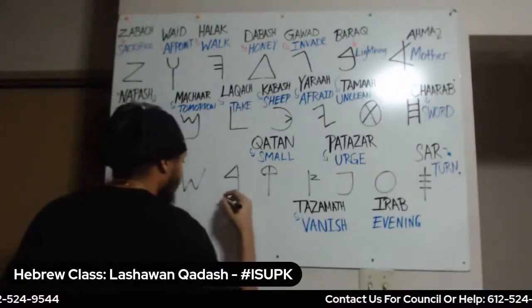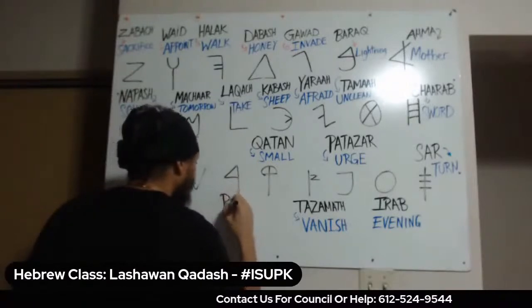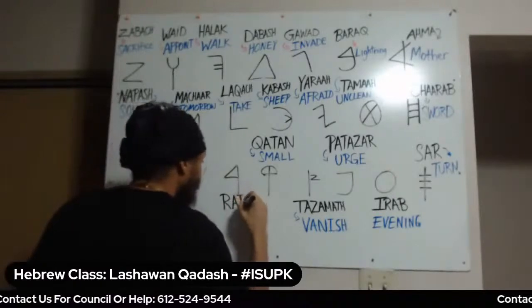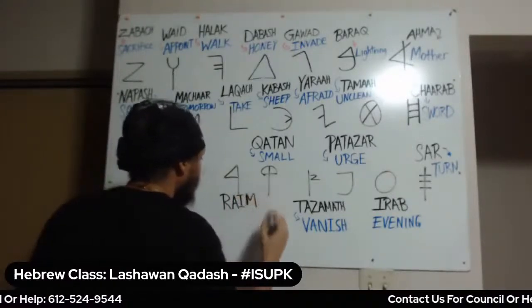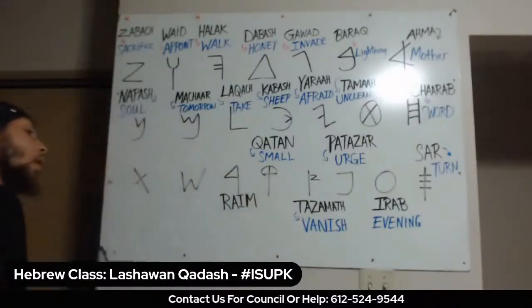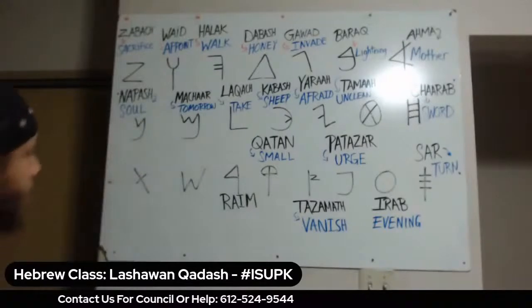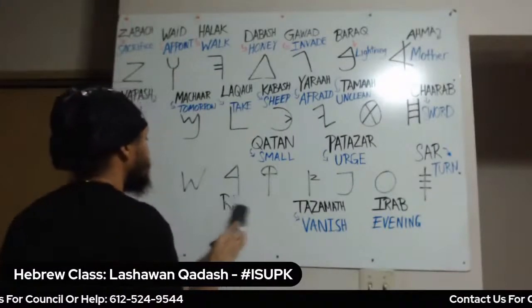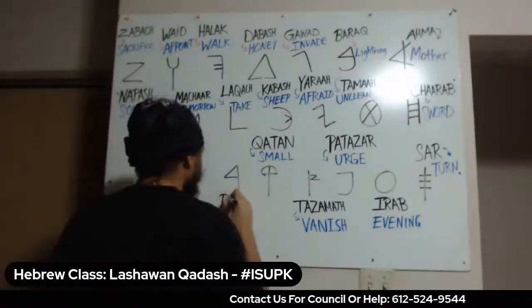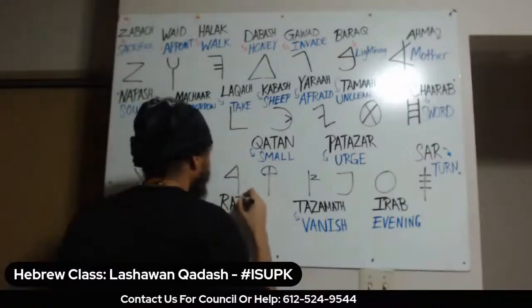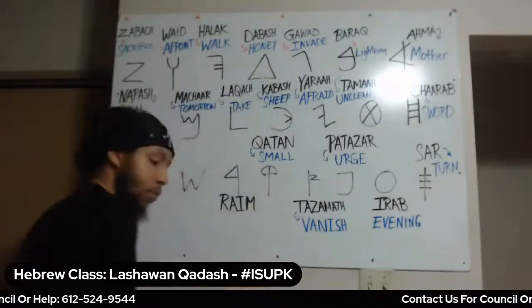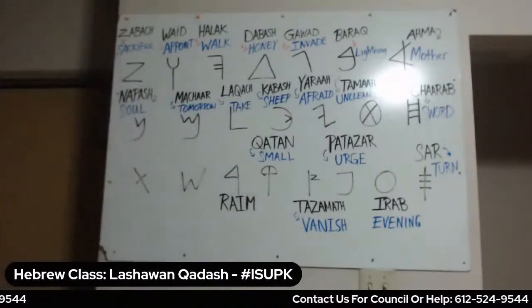We got Ra. R-A. The Hebrew word is Ra'ain. Let me write that better than that. Ra'ain. All right.